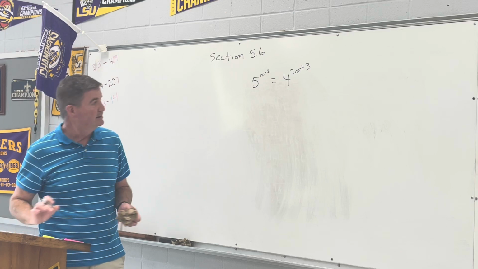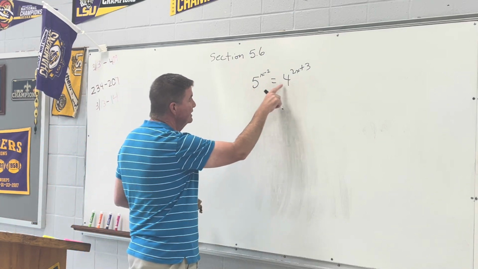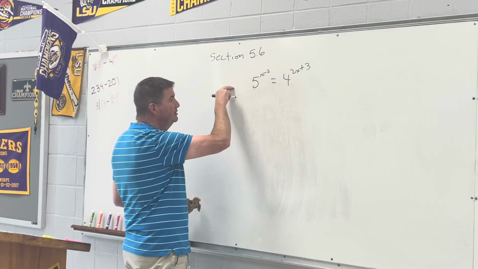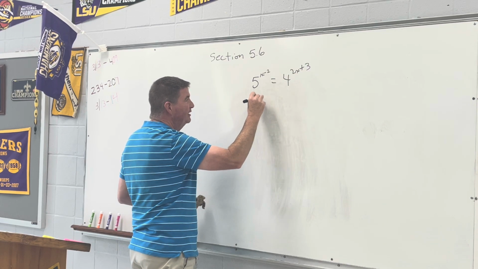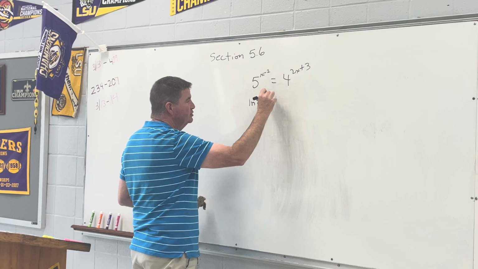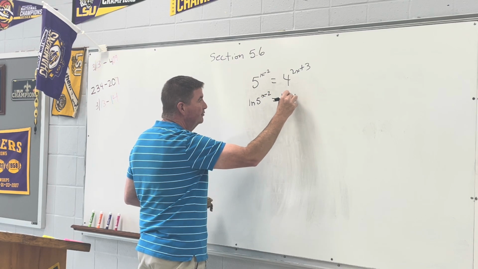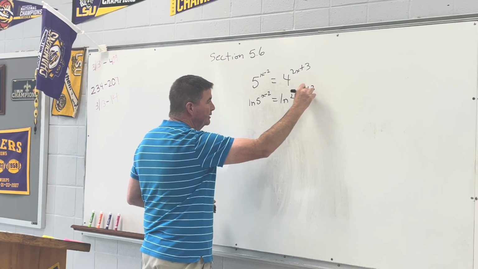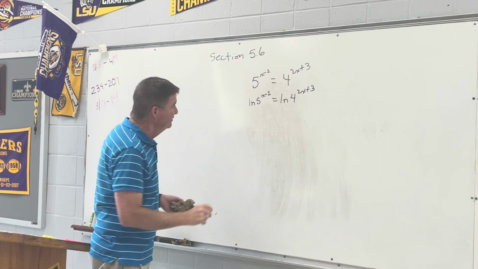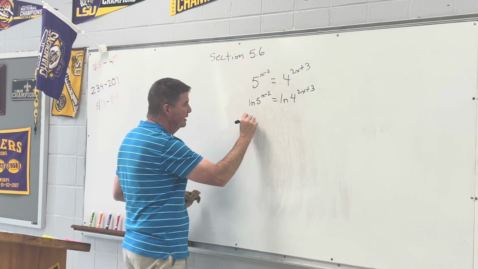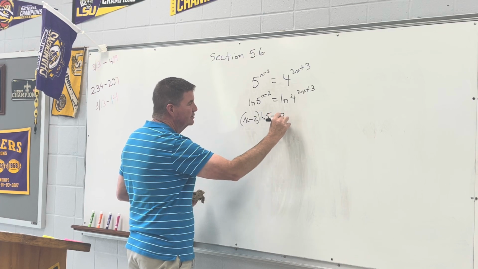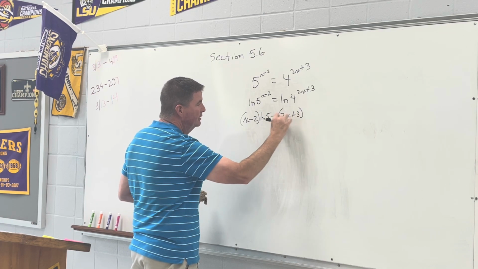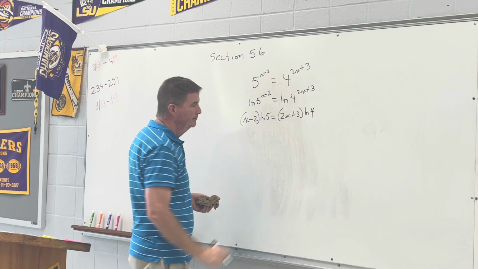In this case, we're going to, again, take the natural log of both so I can use the power rule and bring them out front. So natural log of 5 to the x minus 2 equals natural log of 4 to the 2x plus 3. When I bring them out front, I have x minus 2 times natural log of 5 equals 2x plus 3 times natural log of 4.